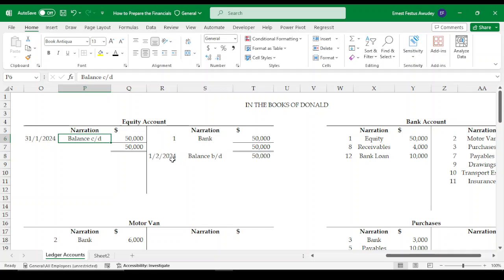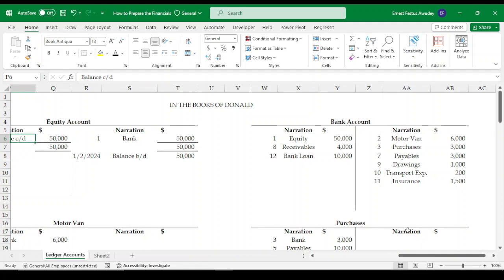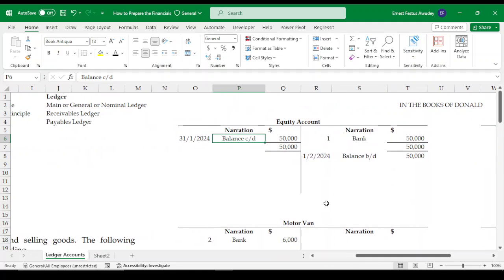Always be consistent. If you use balance carried down here, then it should be balance brought down on the opposite side. If it's balance carried forward, then it should be balance brought forward on the opposite side as well. But the common ones are balance carried down and balance brought down.